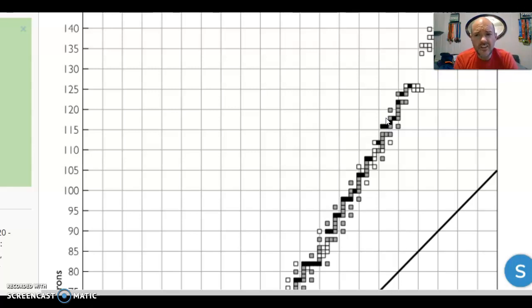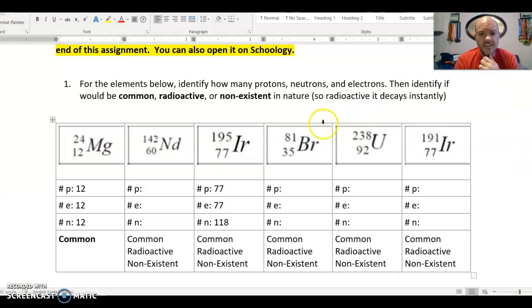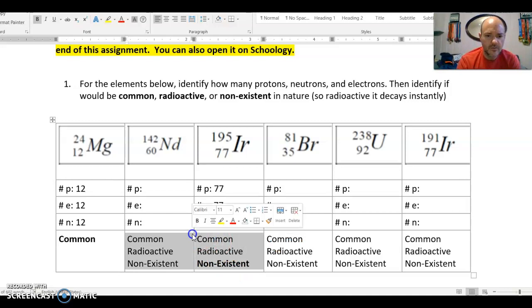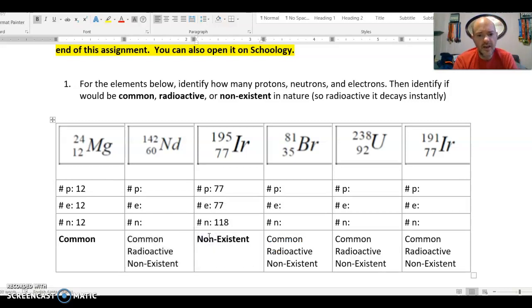And there's nothing there. There's no box. There's no white box. There's no gray box. There's no black box. So what that means is this is an isotope that is non-existent. So I'm going to highlight that. I'm going to erase common and radioactive, so I know that.